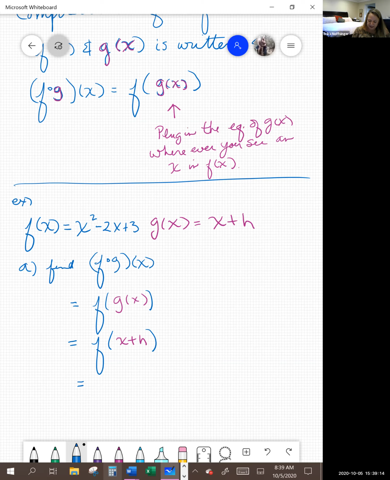So wherever we see an x in f of x, we're going to replace it with this whole quantity x plus h. So put in parentheses wherever we see an x. So we have an x, put parentheses, we're going to square that, minus 2 times we see an x, so just put parentheses for now, plus 3. So replace wherever you have parentheses with x plus h.